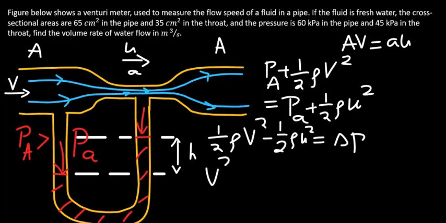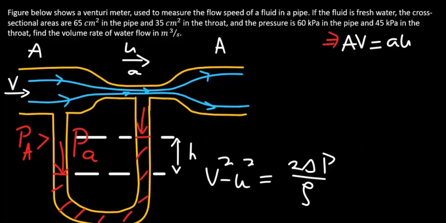Rewriting it further, you get V squared minus U squared equals 2 delta P over rho. Again, rho is the density of the fresh water. Since from the equation of continuity, little u equals capital A capital V over little a, let's substitute this in here.